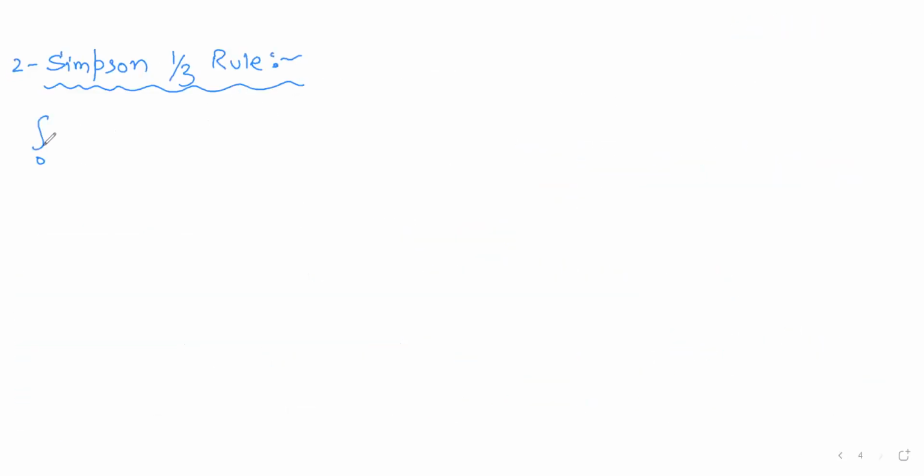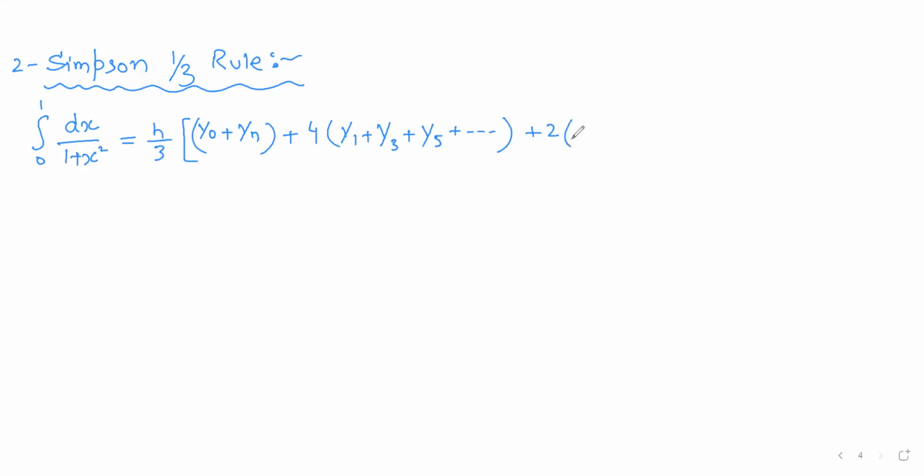The integral of f(x) from 0 to 1 of dx over 1 plus x squared is given by Simpson's 1/3 rule: h by 3 into bracket, y naught plus yn, plus 4 into (y1 plus y3 plus y5 and so on), plus 2 into (y2 plus y4 and so on).